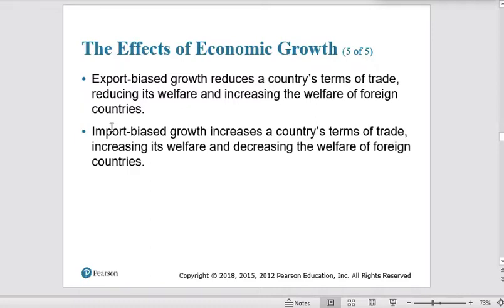When the price of smartphones drops, it will decrease the terms of trade for China. If China sells 1 million smartphones a year for $10 each, then you can calculate the revenue of China, how much they can make from selling smartphones.